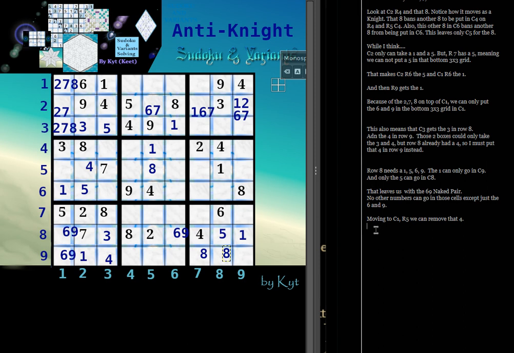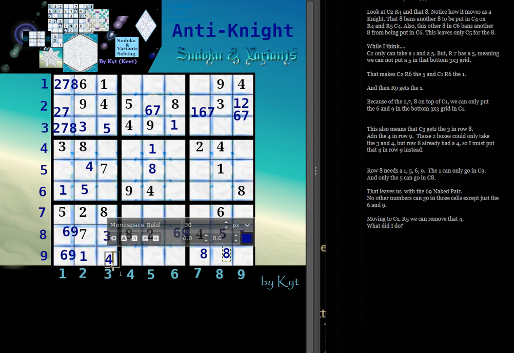What did I do? What did I do? Obviously, that can't be a 4. And row 9.